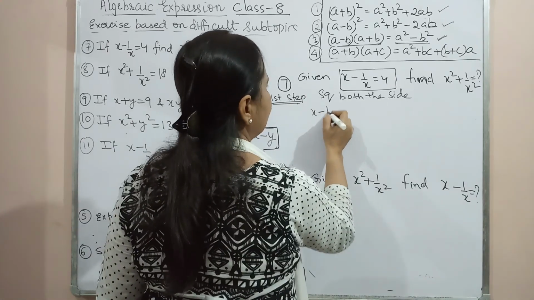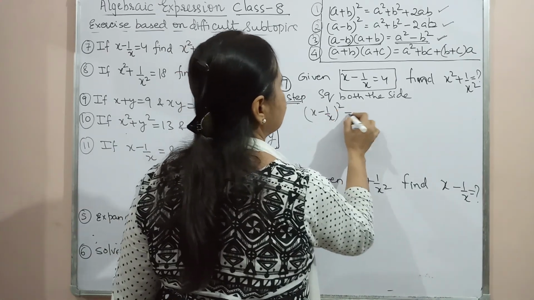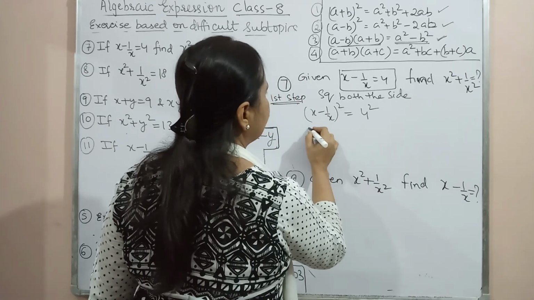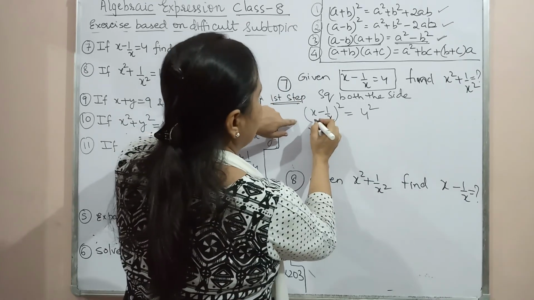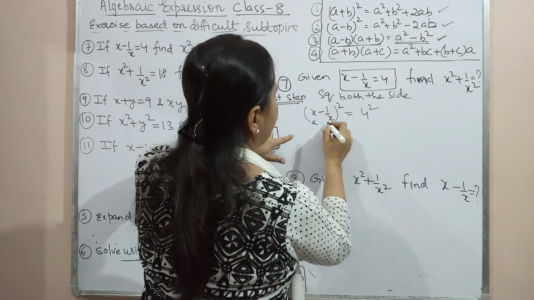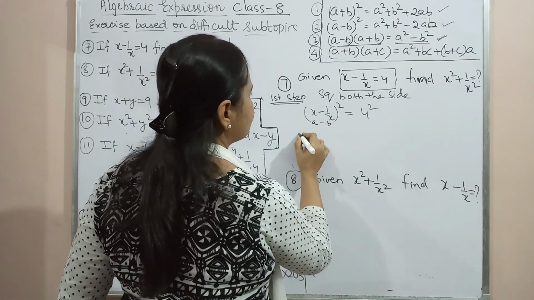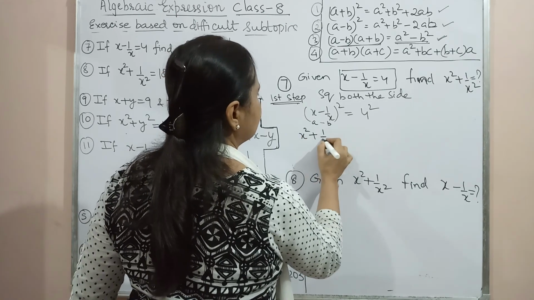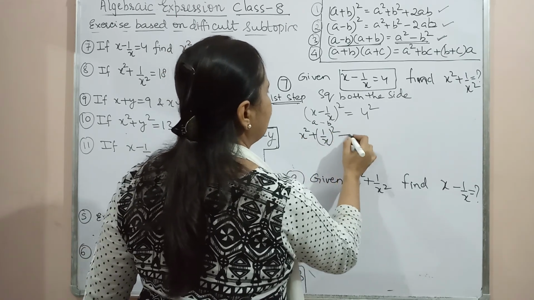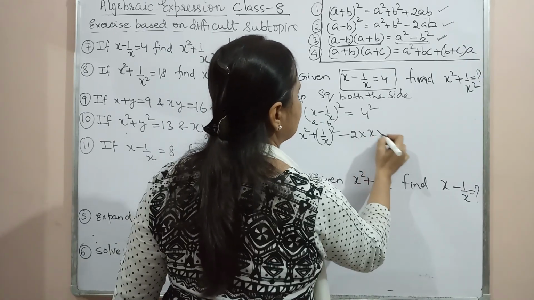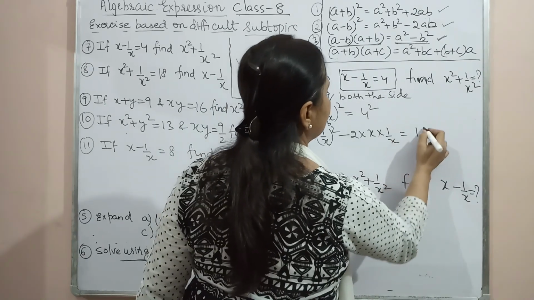It will be x minus 1 upon x का square is equal to 4 का square. We get x square. This is your a and this is your b. तो a minus b का square. तो a square plus b square minus 2 into a into b is equal to 16.